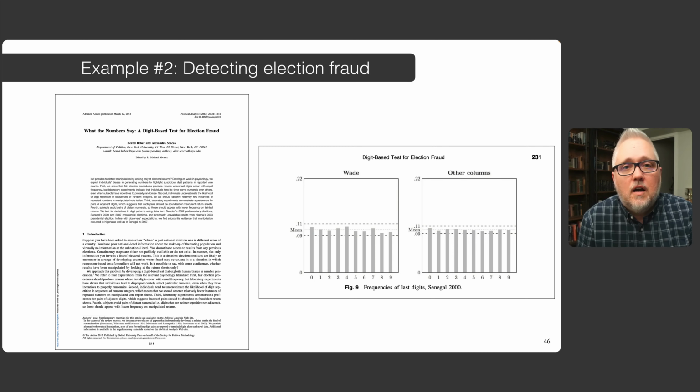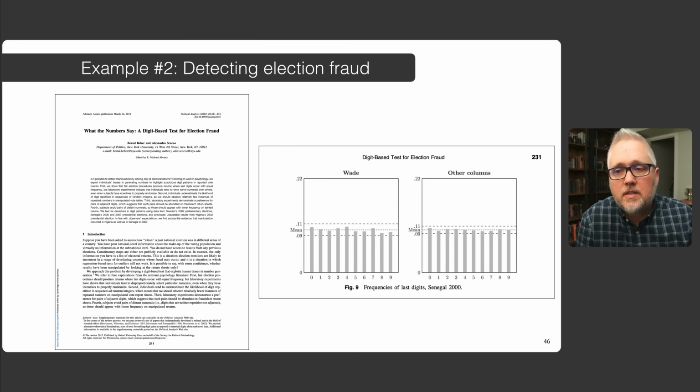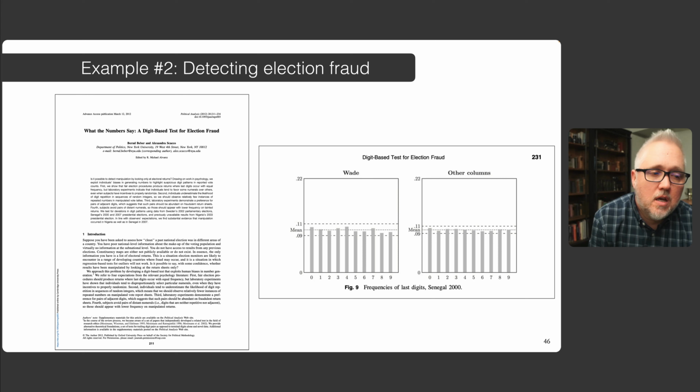And this paper by Berber and Sacco in Political Analysis, and Walter Mebane has done some other work on this. They look at a couple of different election results, the last digits from all those different candidates, like with the Adelaide example. And you see here the graph in Senegal, the 2000 election.